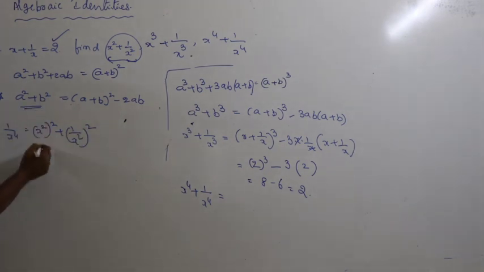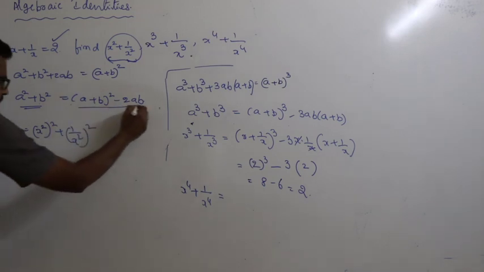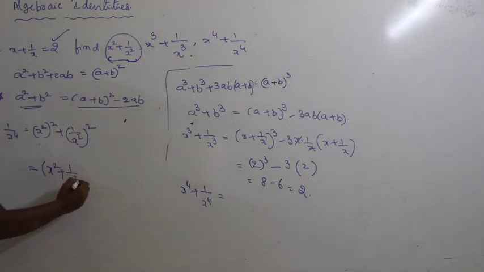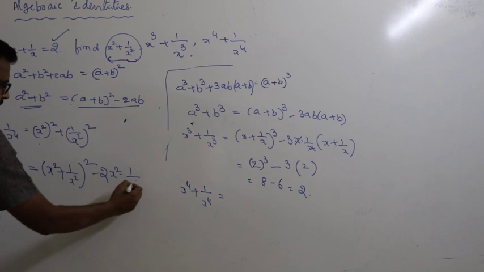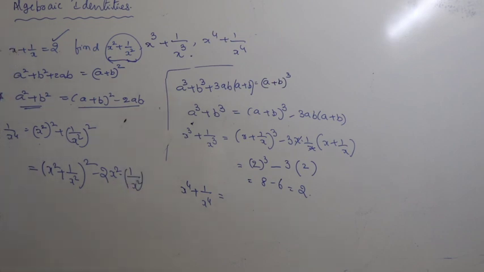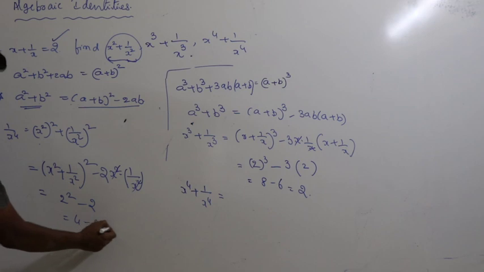This is just like a square plus b square form, where a is x square, b is 1 by x square. By applying the same formula, x square plus 1 by x square whole square minus 2ab, 2 into x square into 1 by x square. The value of x square plus 1 by x square is 2, so 2 square minus 2, that is 4 minus 2, that is also 2.